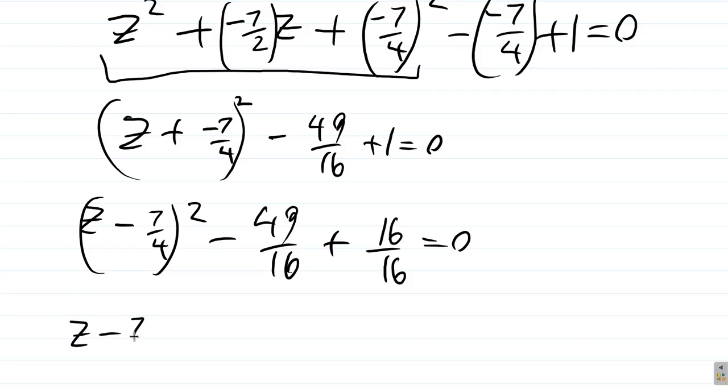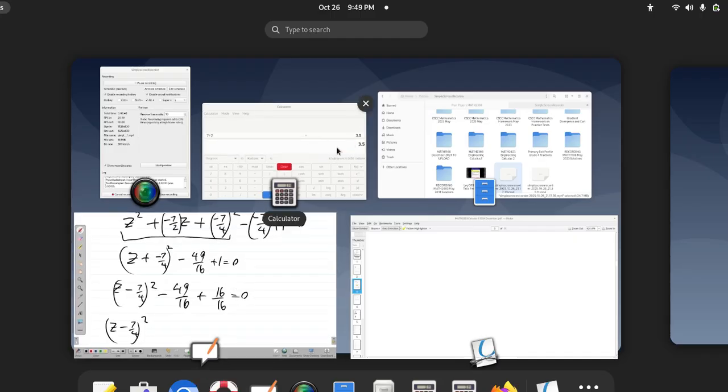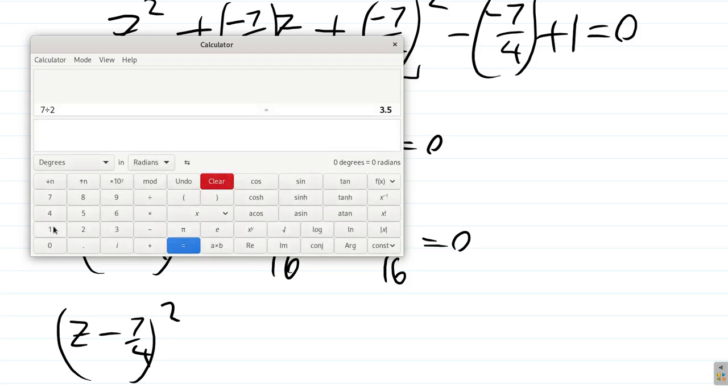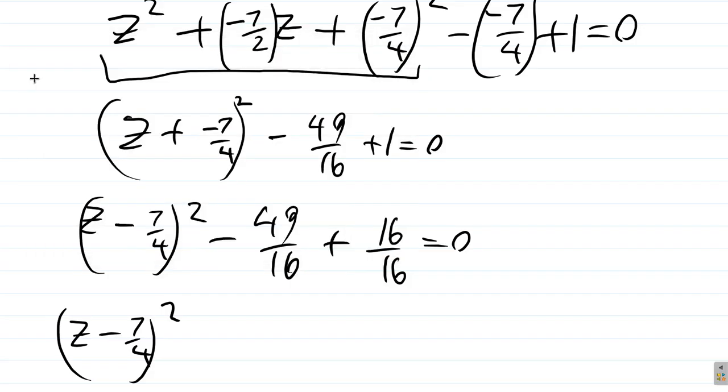So z minus 7 over 4 squared, negative 49 plus 16 is what? Or is the same as 16 minus 49, negative 33. So you have negative 33 over 16 equals 0.